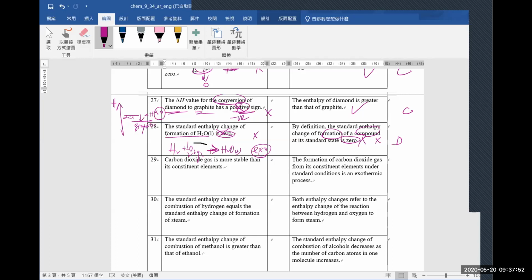29. Let's see why. B. Both statements are correct. Carbon dioxide is more stable than its constituent elements. The formation of carbon dioxide is exothermic, more stable, exothermic. Is it A?